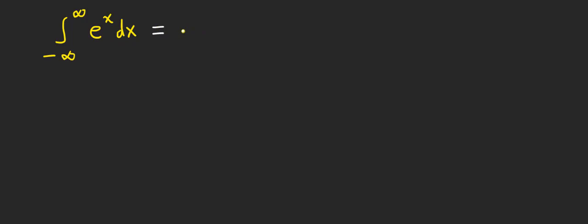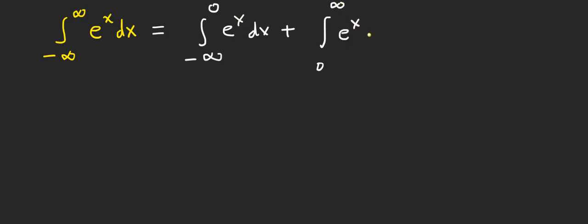So I'm going to break it into the integral from negative infinity to 0 of e to the x dx, plus the integral from 0 to infinity of e to the x dx. Instead of 0, you could also choose 1. But 0 is always a nice number to work with, so I chose 0.